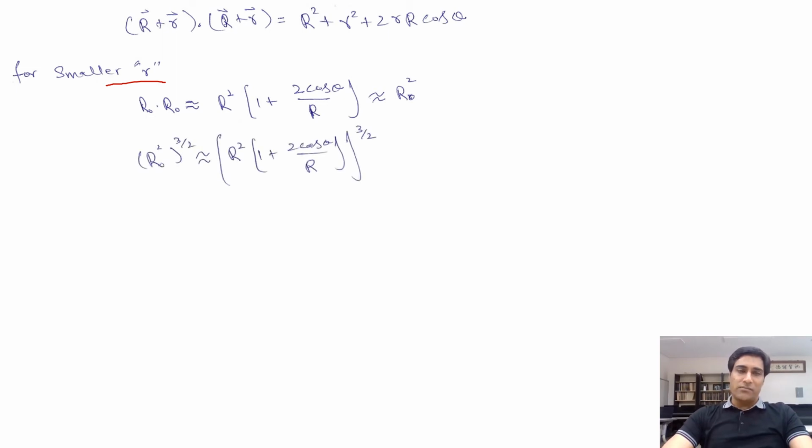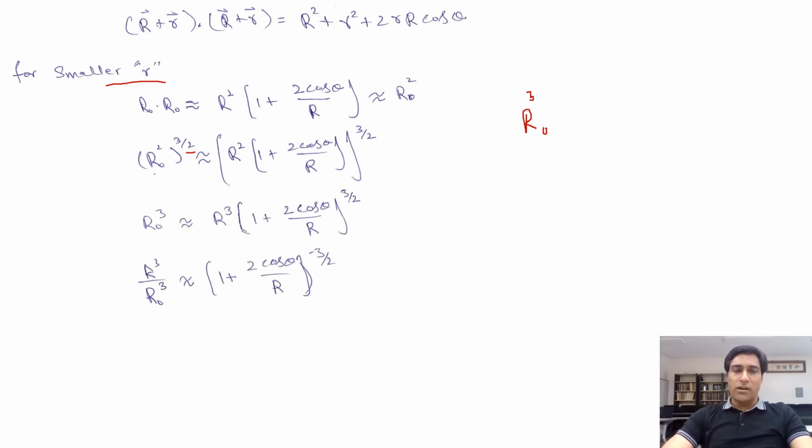We will take the power 3 over 2 on both sides. For simplification we want r naught cube, because we will substitute it in the previous equation, so for that we took 3 by 2 here. After simplification we got r naught cube equals R cube into 1 plus 2 cos theta over R, whole power 3 by 2.